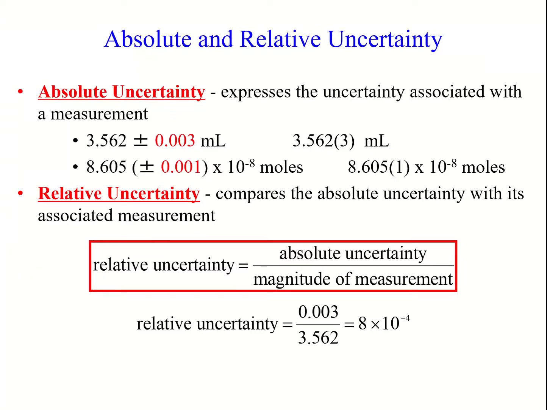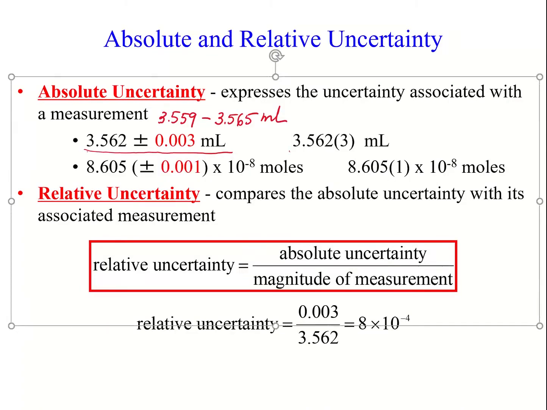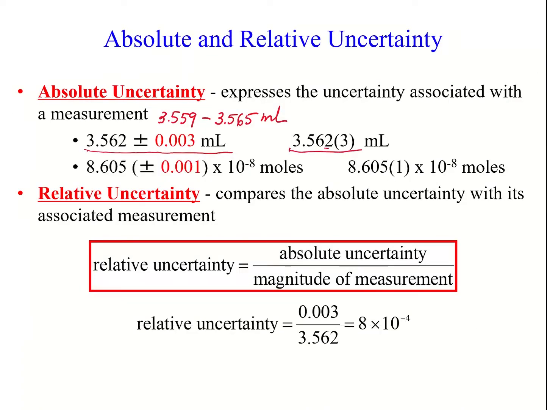For example, if I report my volume as 3.562 plus minus 0.003 milliliters, it means that the actual volume can be between 3.559 and 3.565 milliliters. Another way of showing this is showing the uncertainty in the parentheses. So this basically tells me that the last digit is certain to plus or minus 3.